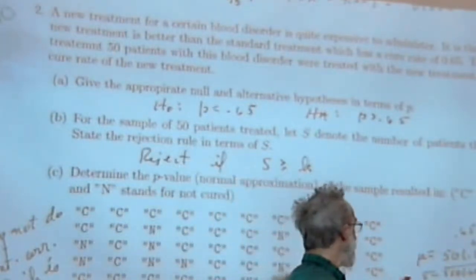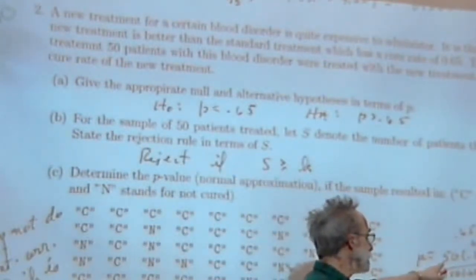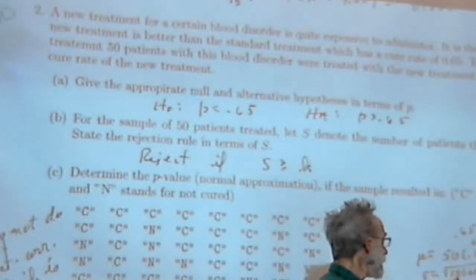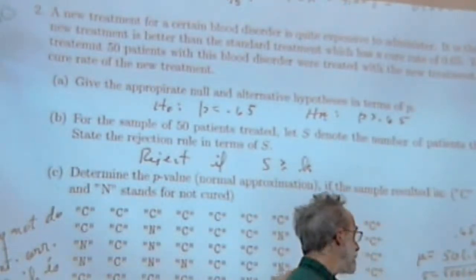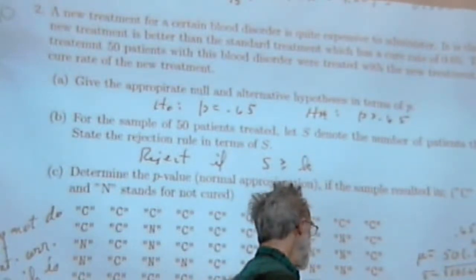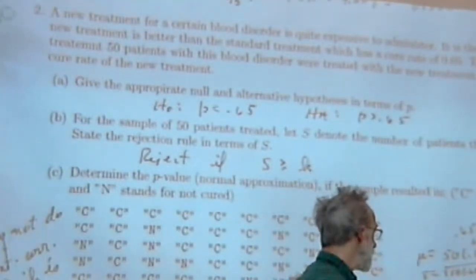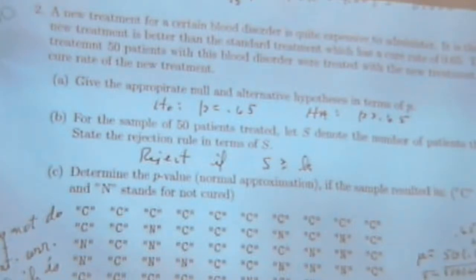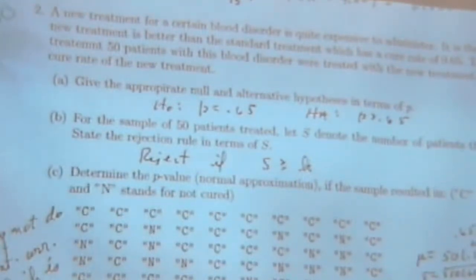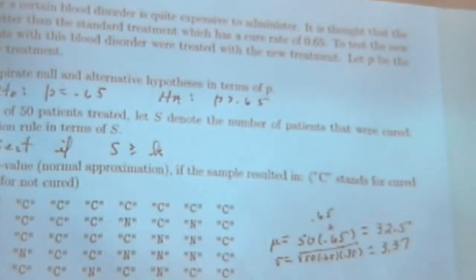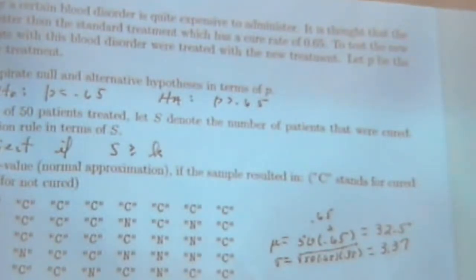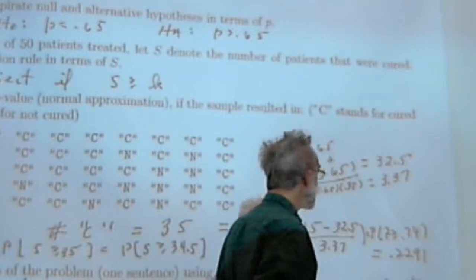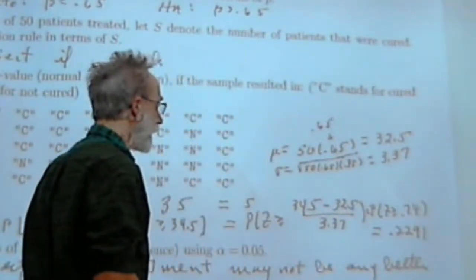The mean is going to be n times p, right? And the standard deviation will be the square root of n times p times q. And then you just standardize it as we have been, and it's going to be 0.74, so the p-value is 0.2291.